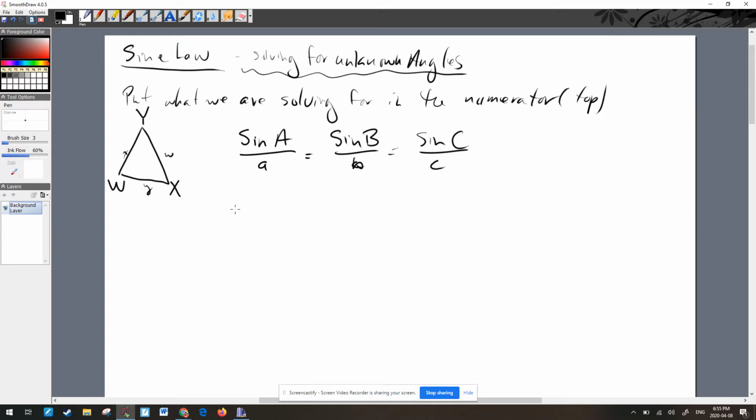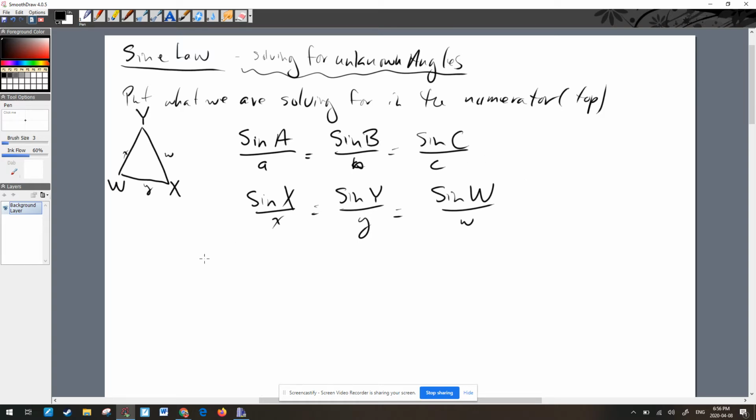This is just representative to help us remember. So if I wanted to do it for this triangle, I could have said instead, the sine of uppercase X over little x equals the sine of uppercase Y over little y equals the sine of uppercase W over little w. So if we're looking for angles, the uppercase letters represent angles.